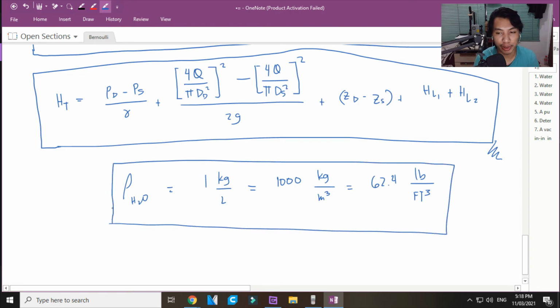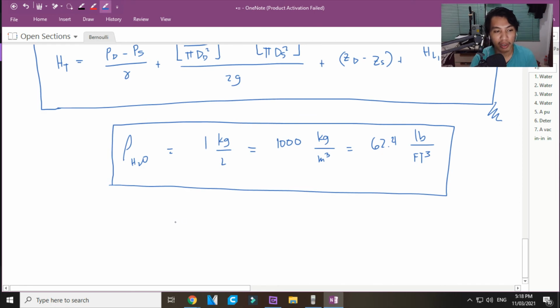For pressure, ito na. Ulitin natin. For pressure, 101.325 kPa is equal to 1 atm. Equal yan saan?